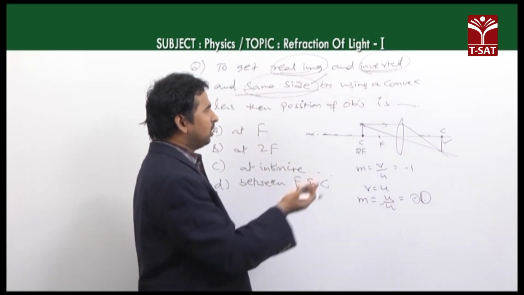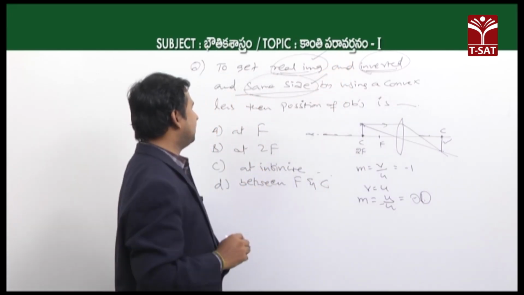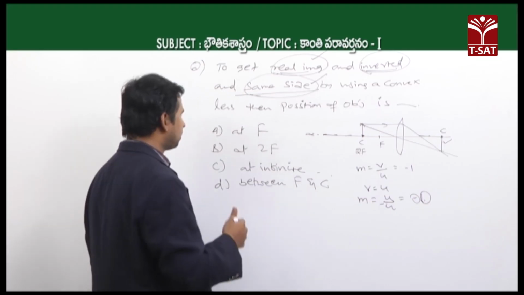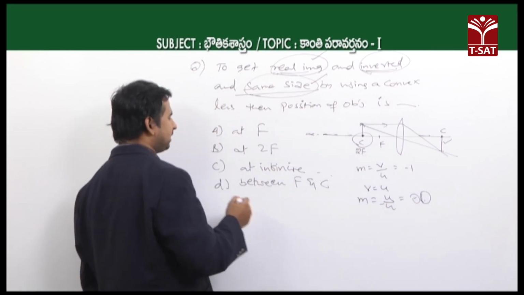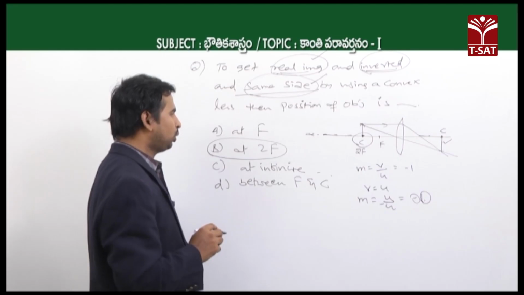And all inverted images, we know, are real images. So a real, inverted and same-size image, when using a convex lens, is possible only when the object is placed at the center of curvature, which is nothing but 2f.